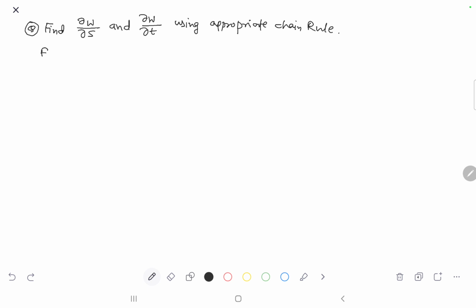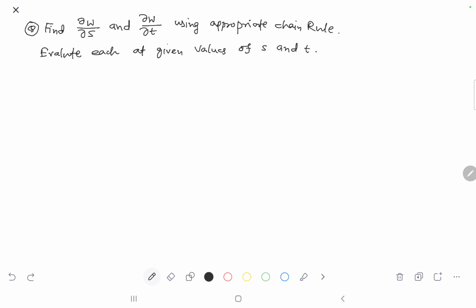Find ∂W/∂S and ∂W/∂T using the appropriate chain rule and evaluate each at the given values of S and T.